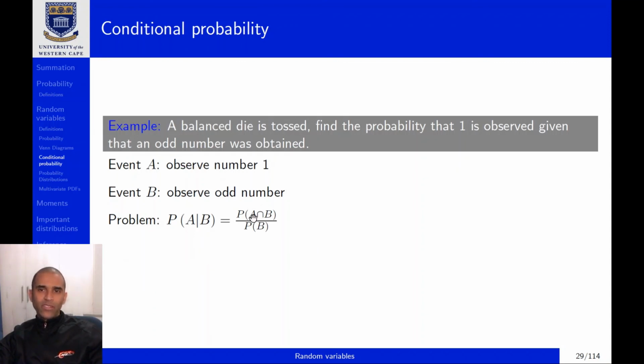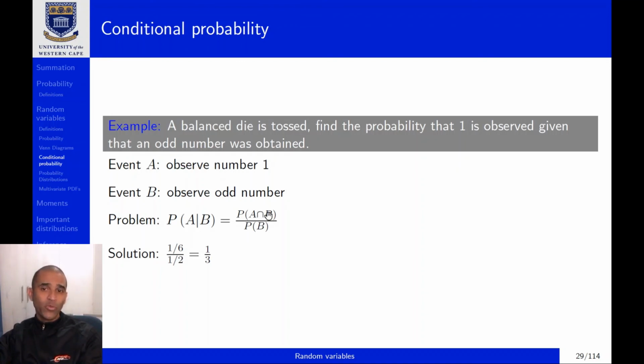So we know that the intersection of A and B is given by the number 1, and that is one sample point in the sample space. So that event is a single sample point, and the sample space in this instance is 6. There are 6 possible outcomes when rolling a die.